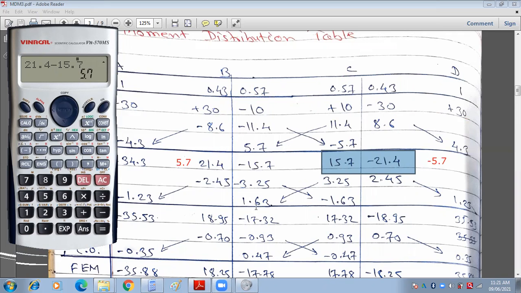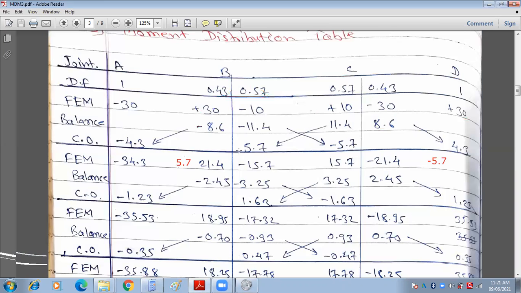Now again, to balance this moment, what do we have to do? This moment is plus, that's why here the minus moments are applied, and here this is minus, therefore here the plus moments are applied.